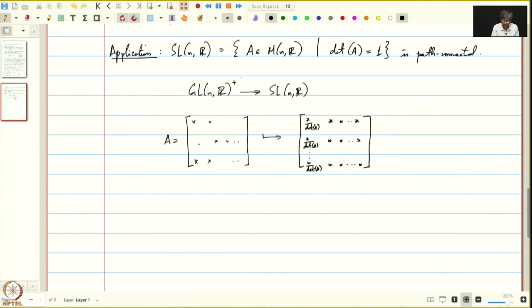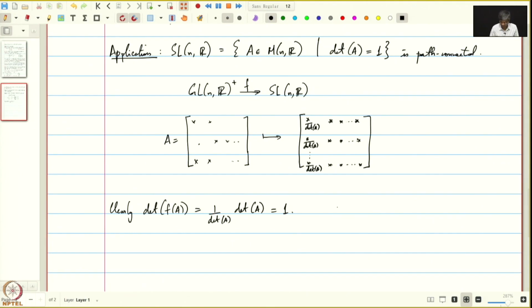Right. So let's call this map F. So clearly, determinant of F of A is equal to, since the first column has been scaled by 1 upon determinant of A, 1 upon determinant of A into determinant of A, which is 1.